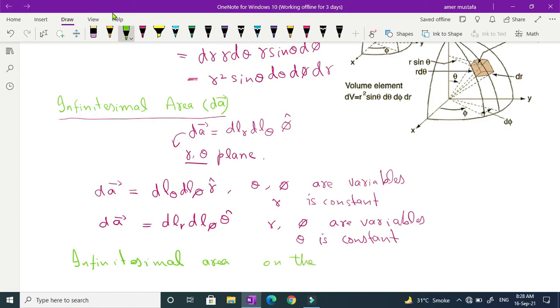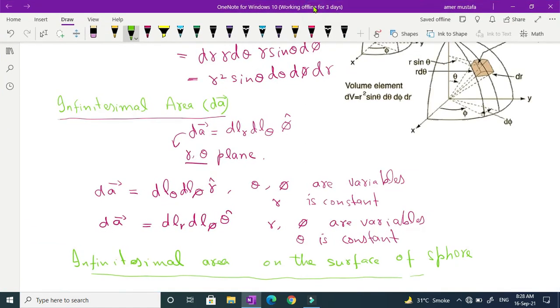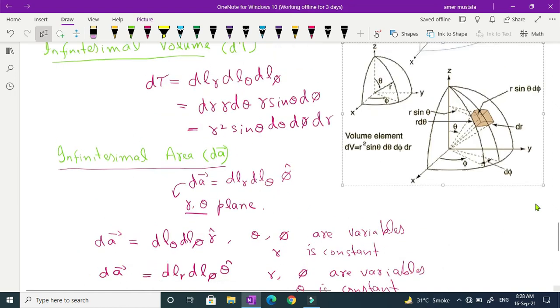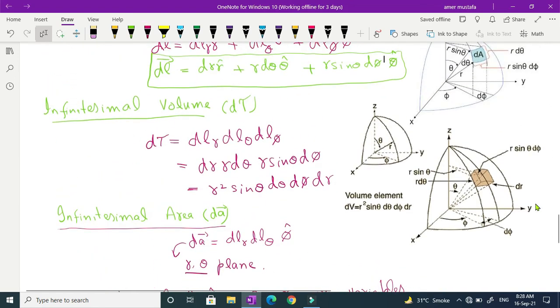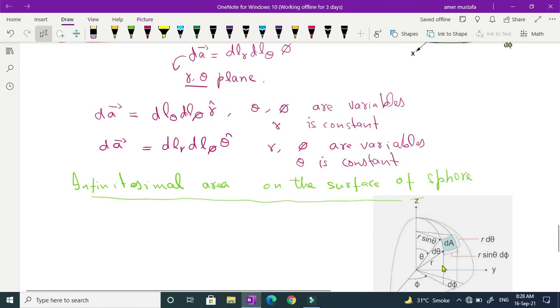On the surface of a sphere, suppose this is the figure which represents the area on the surface of a sphere.